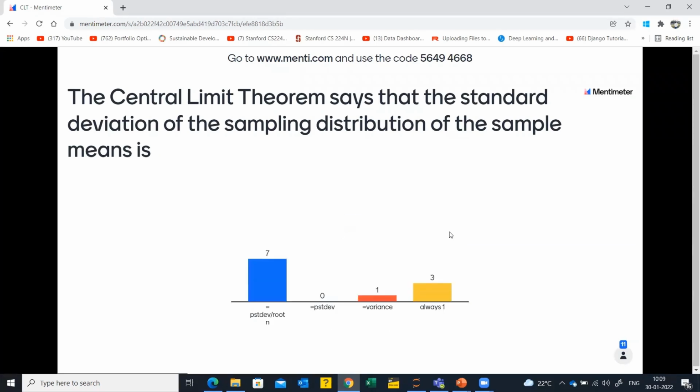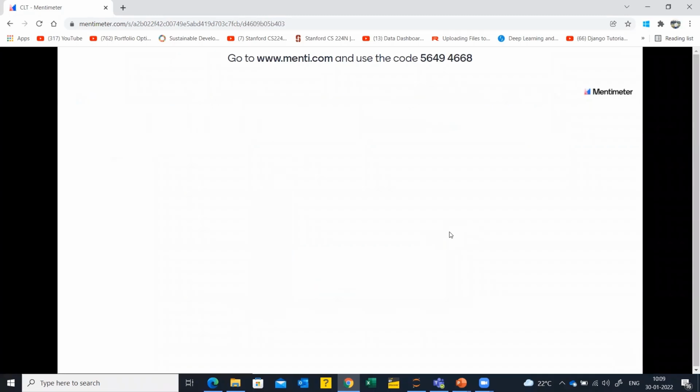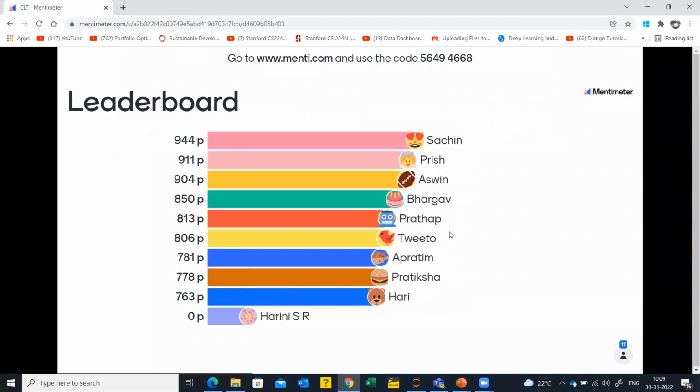Is the variance always 1? No, right? We have learned that the standard deviation of a sampling distribution is always the population standard deviation, which is sigma by root under of n. Okay, not the variance, not always 1. Let's look into the next one.